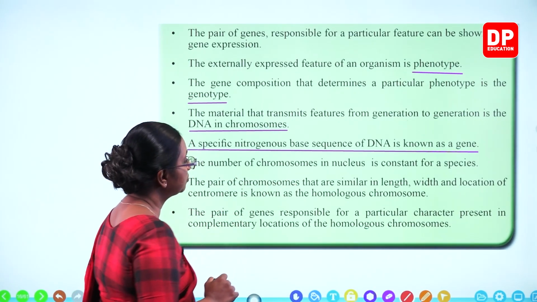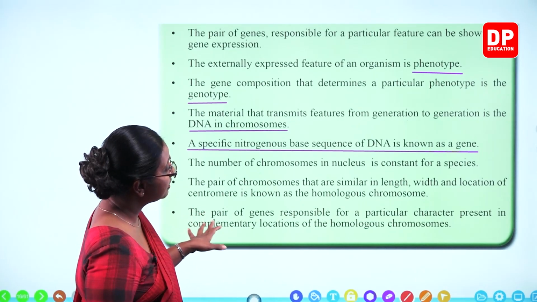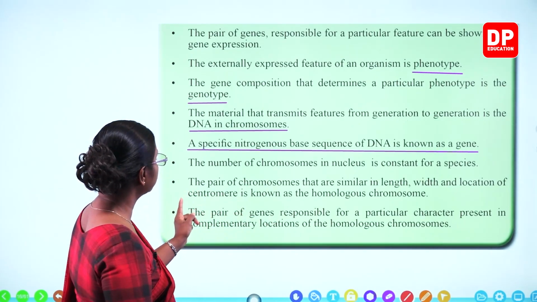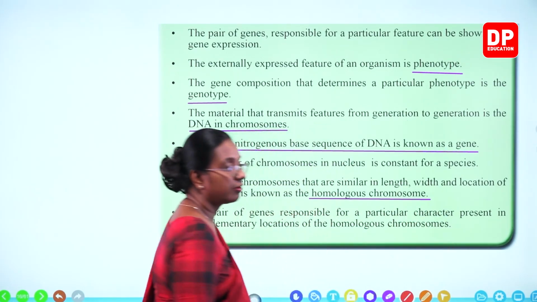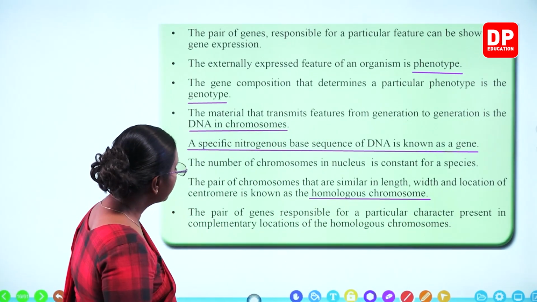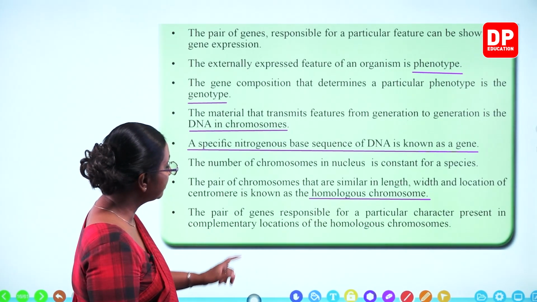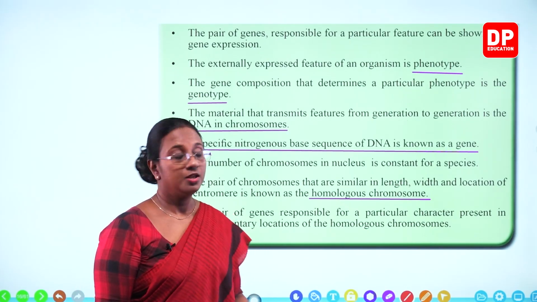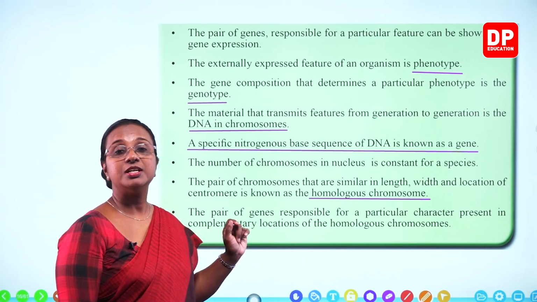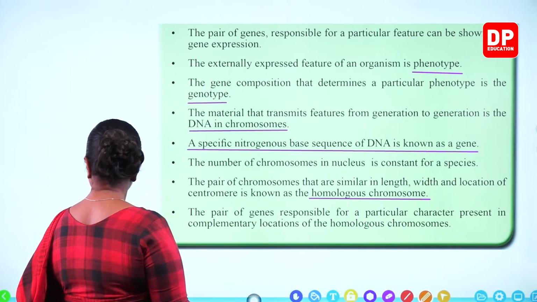The number of chromosomes is a constant for a species. The pair of chromosomes that are similar in length, width and location of centromere is known as the homologous chromosome. The pair of genes responsible for a particular character are present in complementary locations of the homologous chromosomes. So here students, we need to continue with the summary. So I'll move on to the next slide.